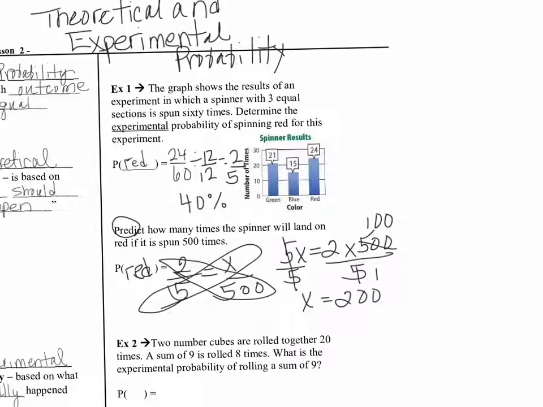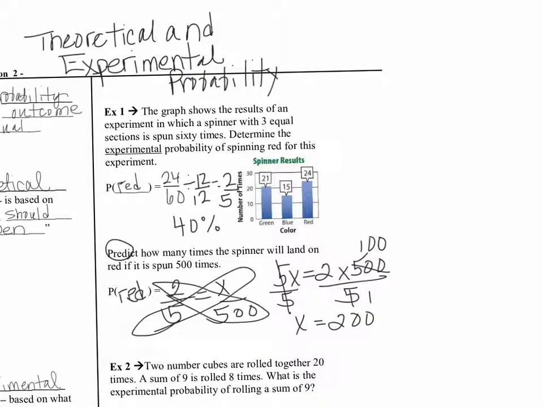In this experiment, the theory would be if there were 3 colors of equal size and you spun the spinner 60 times, you would land on red 20 out of the 60.